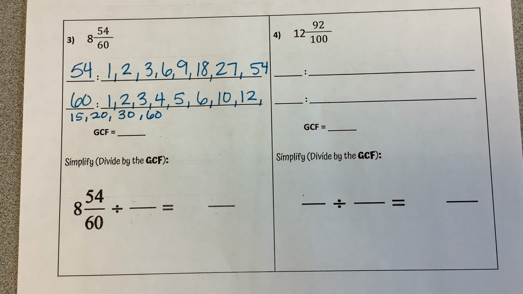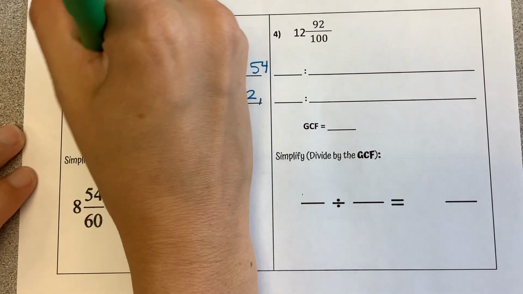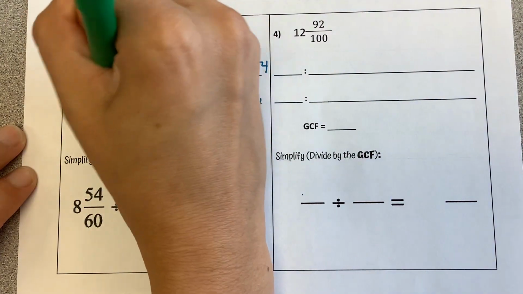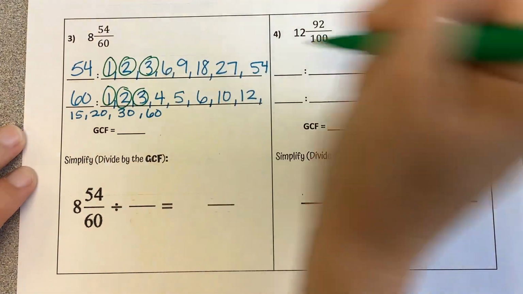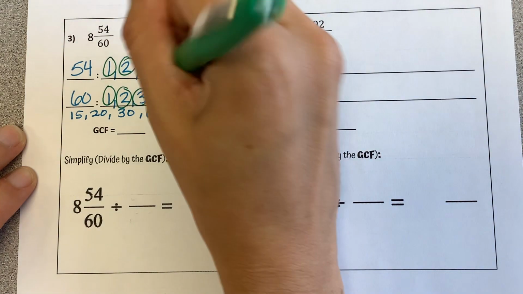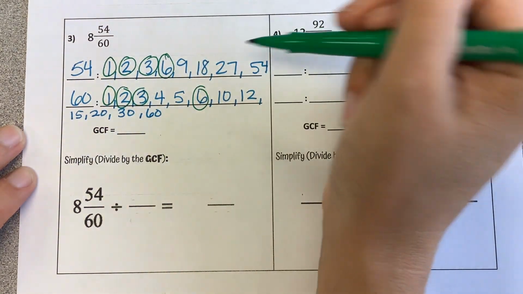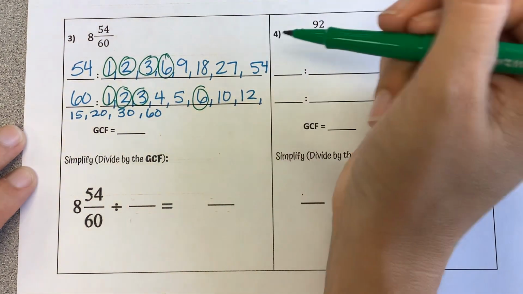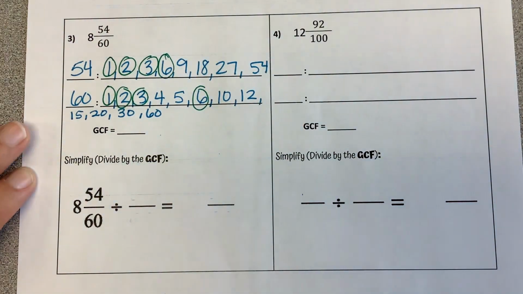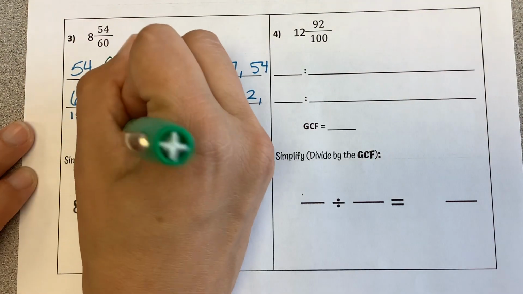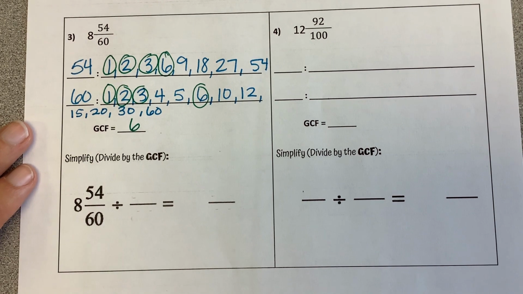Now let's go through, circle those common factors. They share 1, they share 2, they share 3, they share 6, not 9, not 18, not 27, not 54. So the highest number they both share is 6.